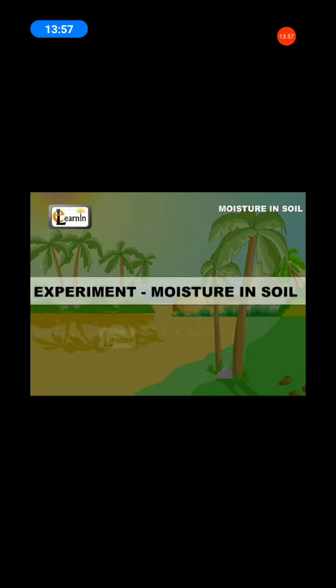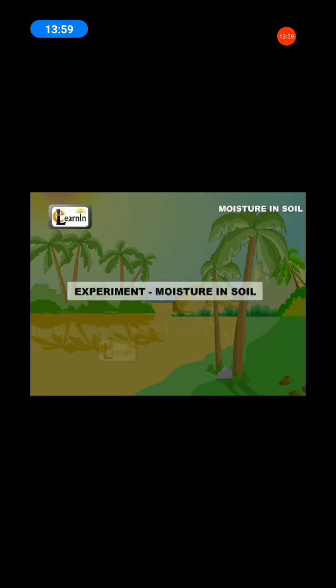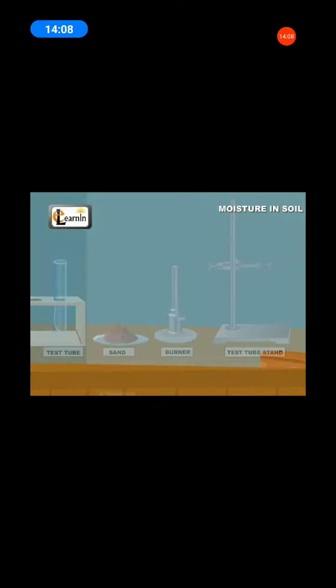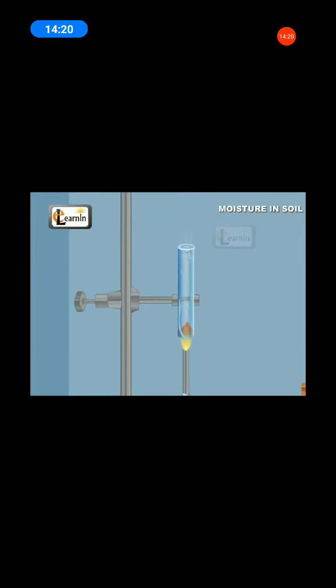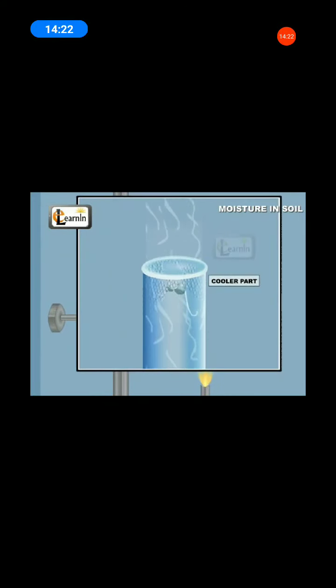Let us understand this clearly with the help of an experiment. For this experiment, we need a test tube, 2 spoons of sand, a burner, and a test tube stand. Fix the test tube to the test tube stand and place a burner below the test tube. Put 2 spoons of sand in the test tube. The water in the soil evaporates on heating the test tube and condenses on the cooler parts of the tube.